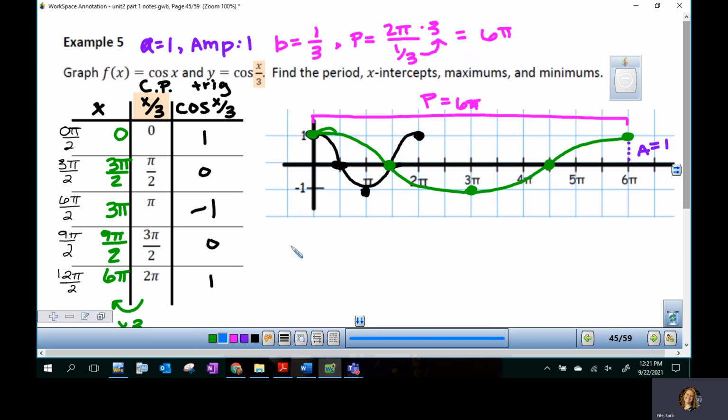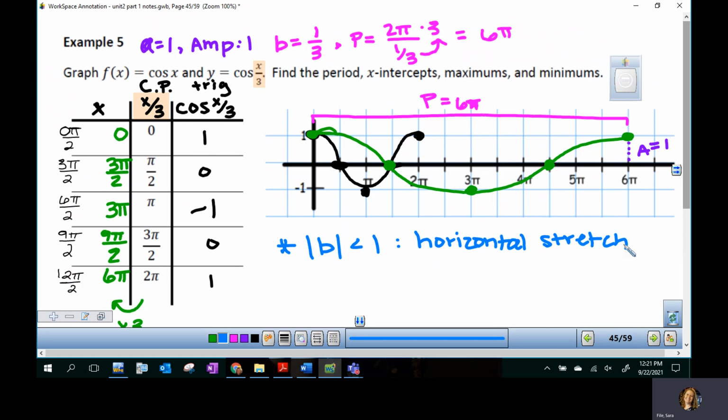How would you describe this transformation? Horizontal stretch. And this is going to happen anytime the absolute value of b is less than 1. That's going to be a horizontal stretch.